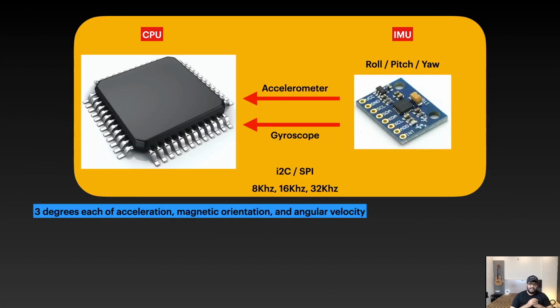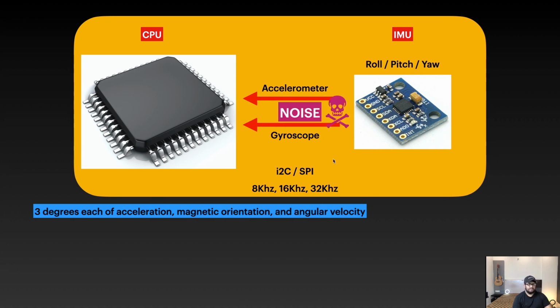Alright, so I mentioned that with the help of the accelerometer you can calculate the acceleration in one direction, and with the help of the gyroscope you can calculate the angular velocity in one direction. And if your drone also has a magnetometer, which is not very common in FPV drones, then you can also calculate the magnetic orientation. But as I mentioned, the IMU communicates with the CPU over I2C and SPI with very high speed data transfer.